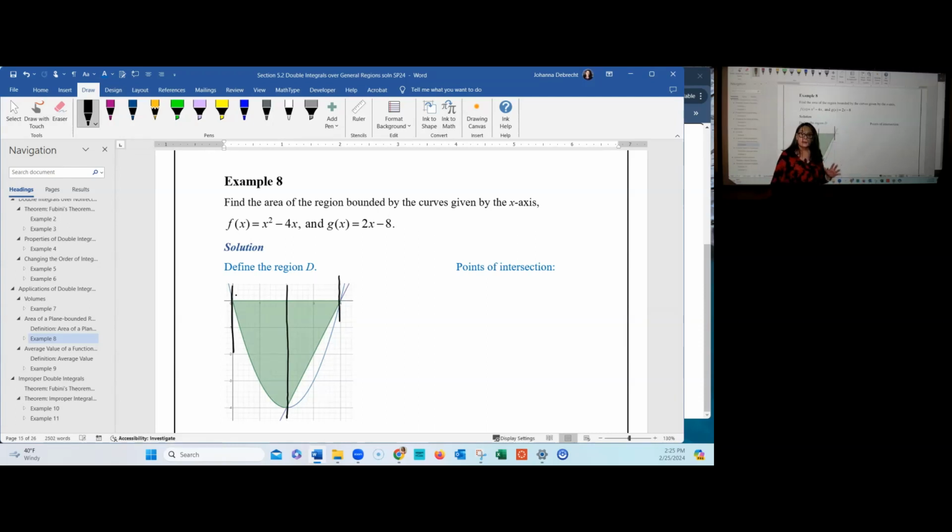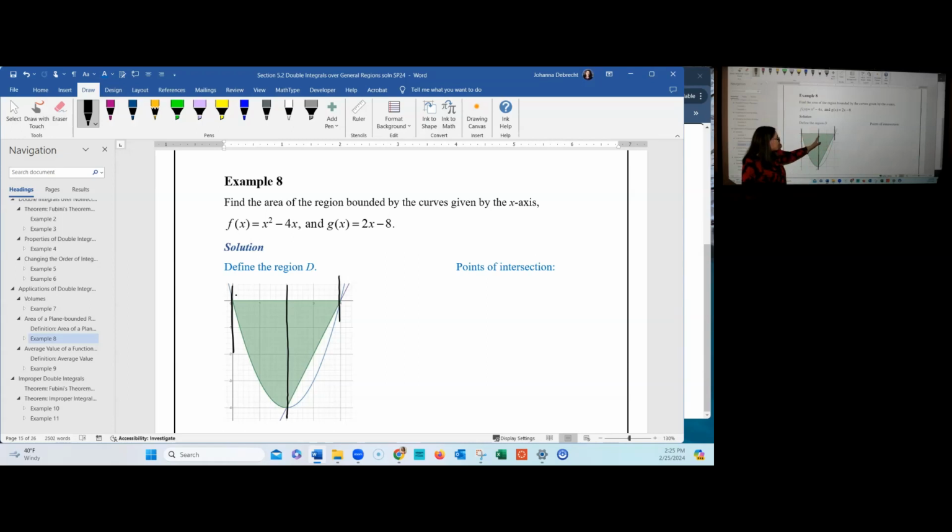This would divide my region into 2 different regions. I would have one on the left and one on the right. When I'm looking at that, notice that I have the same curve on the top, which would be my y equals 0, the x-axis. But what's on the bottom varies depending on which side I'm on.